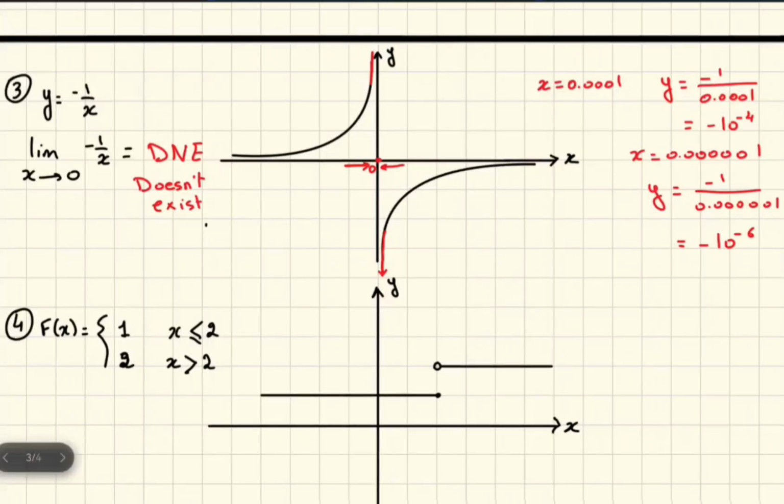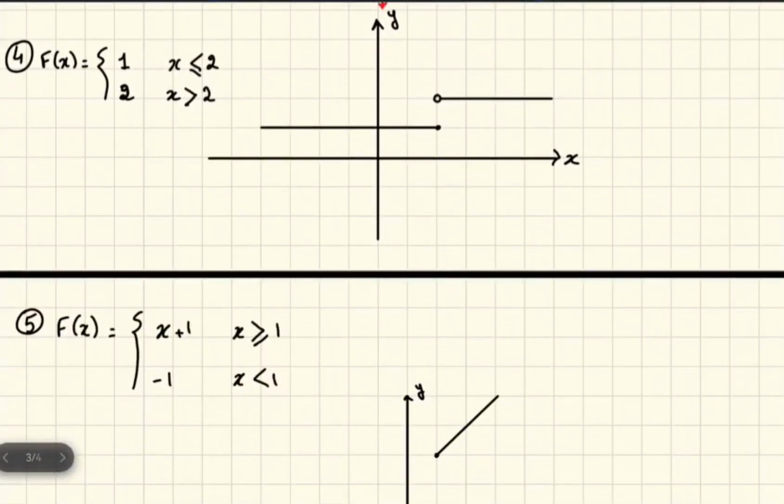Alright, let's check number 4. If I ask you about the limit as x approaches 2 of the function f of x, in this case, I guess it's easier now. We check as x approaches 2 from the left side.